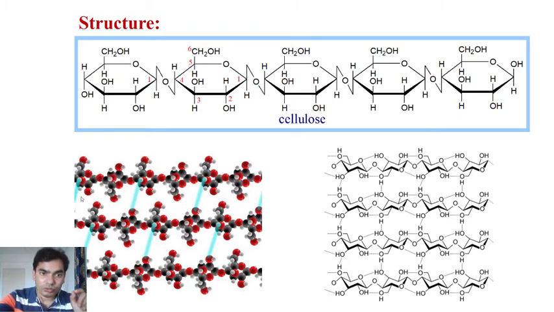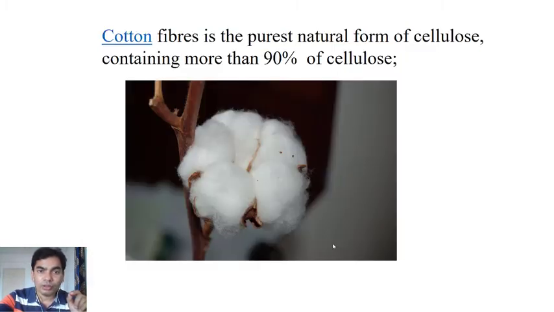In between there is hydrogen bonding. So these are one chain and another chain, and there is hydrogen bonding and van der Waals interaction between these two layers. So this is also a linear multiple layer of the cellulose, right?